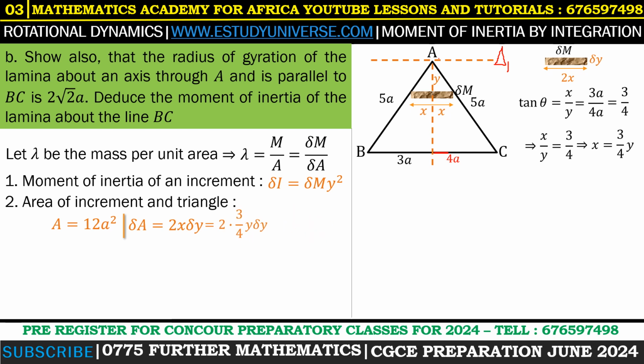So the area of the increment will be 2x delta y, that is 2 times 3 divided by 4y times delta y. When we simplify, we have 3 divided by 2 y delta y.